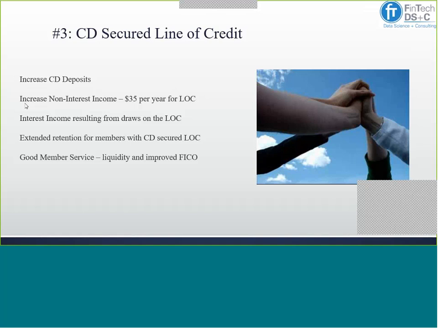I think it was actually around 8 months, okay? Because those members that don't need loans will take the $35 non-interest income producing line of credit just to sleep better at night, to know they've got that added liquidity source. And just for $35, I mean, why not?